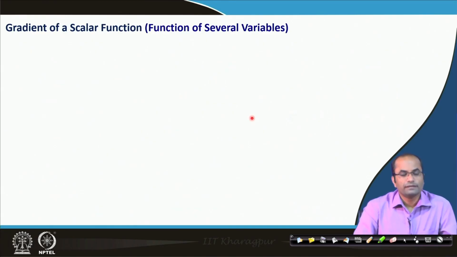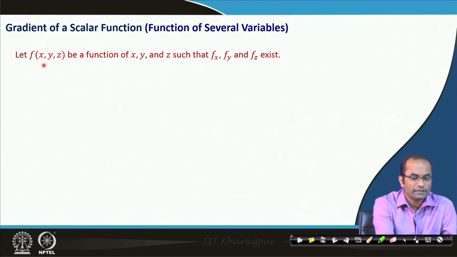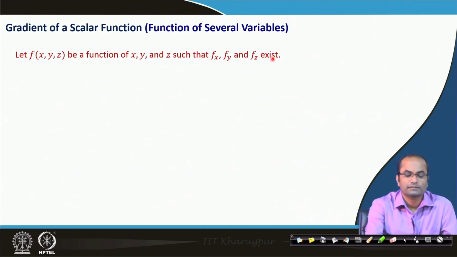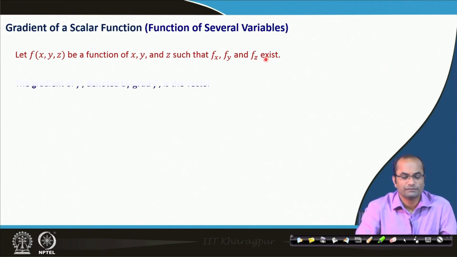Now, we will define what a gradient of a scalar function is. These scalar functions are nothing but the functions of several variables which were studied in calculus. So, let f(x, y, z) be a function of x, y, z such that its partial derivatives exist.